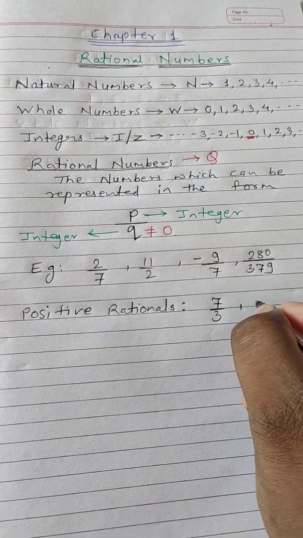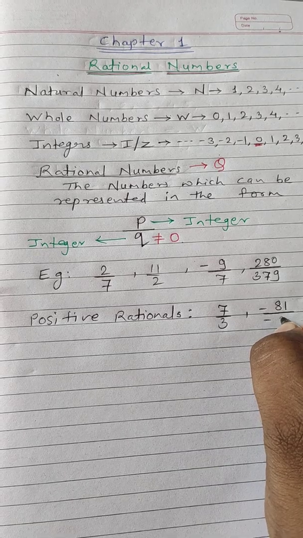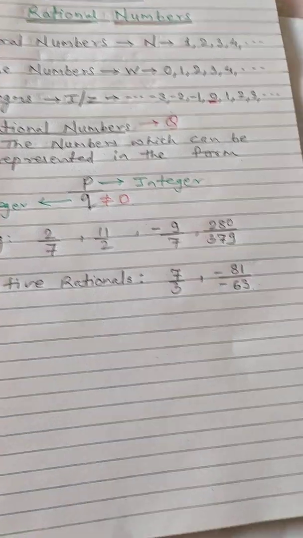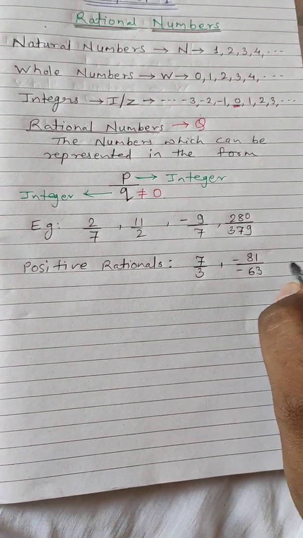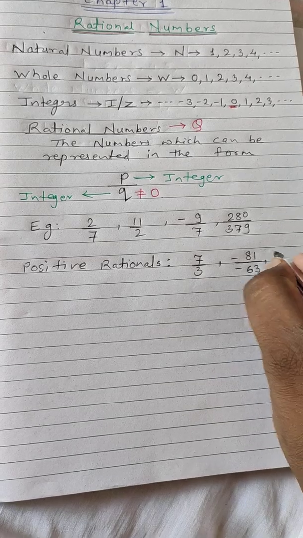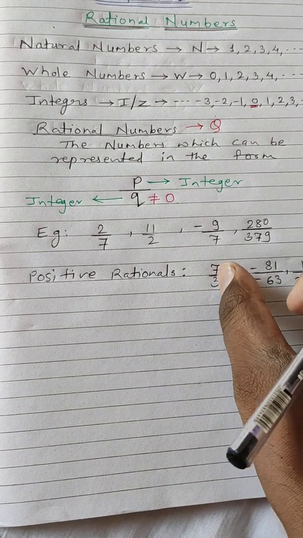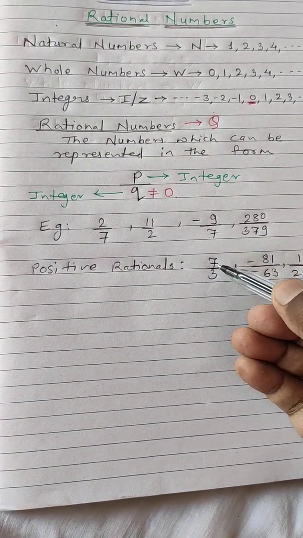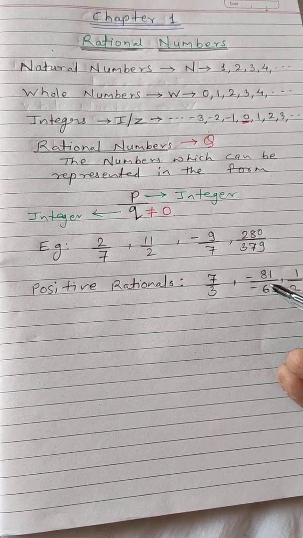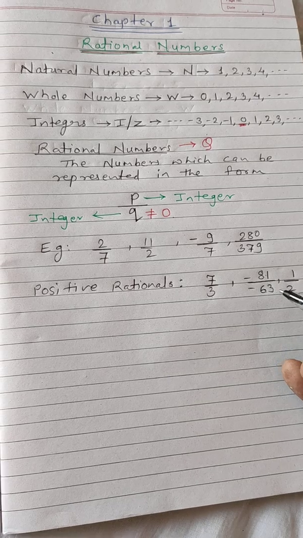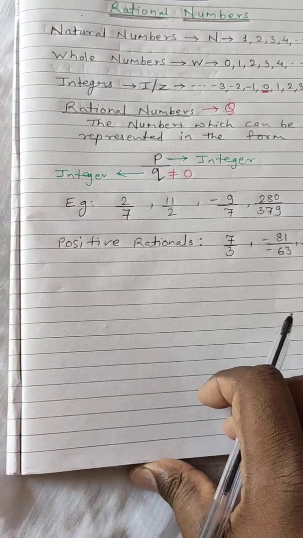If I am writing minus 81 divided by minus 63, it is also a positive rational number. Got it? In 1 upon 2 the numerator and denominator are both positive, and here they are both negative. It means if numerator and denominator have the same sign, then only we can call it a positive rational.